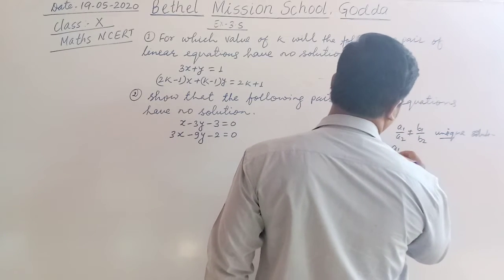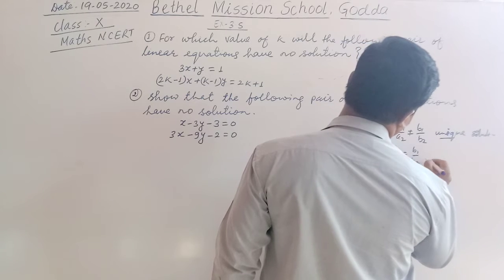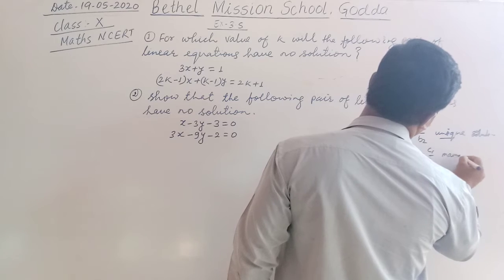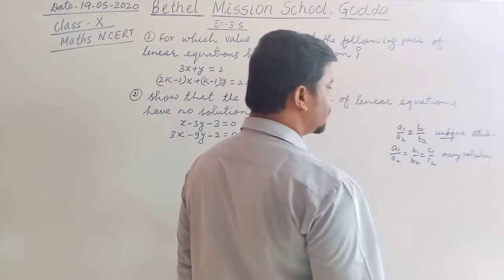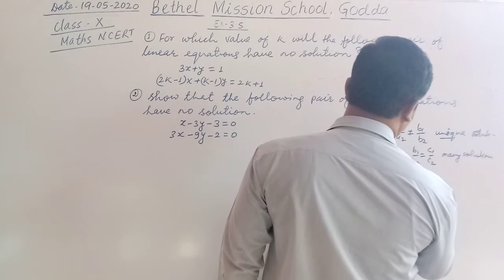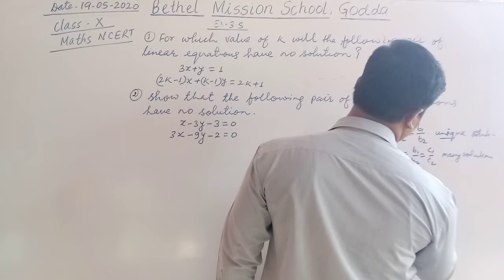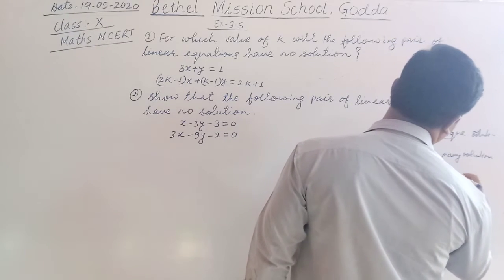If a1 by a2 equal to b1 by b2 equal to c1 by c2, then there are many solutions, means infinite number of solutions. If a1 by a2 equal to b1 by b2 not equal to c1 by c2, then there is no solution.